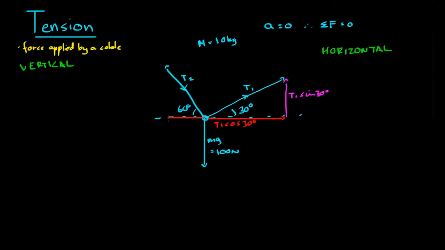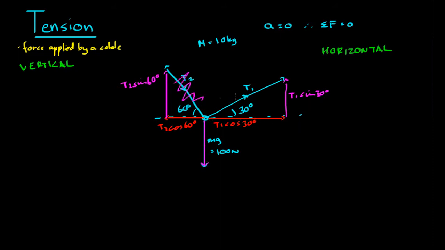T2 has T2 cos 60 degrees and T2 sine 60 degrees. And of course the gravity force is also a vertical force.